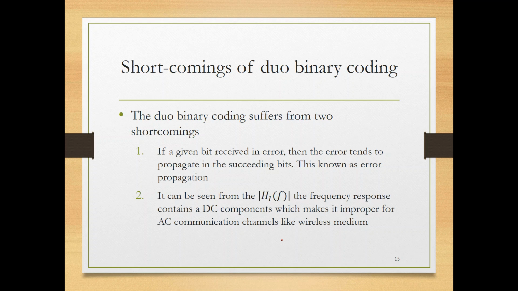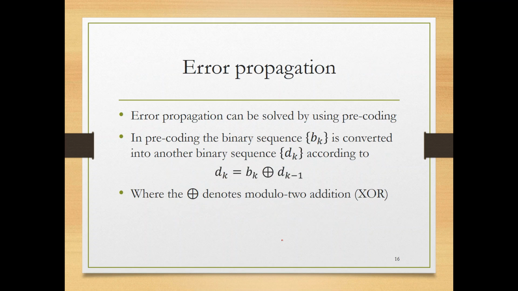And today we want to come up with methods and techniques that can avoid these drawbacks, these shortcomings. So basically, in order to overcome the error propagation problem, we are going to use precoding techniques. Before we start using the duobinary signaling, we will use precoding. What's precoding in this case?